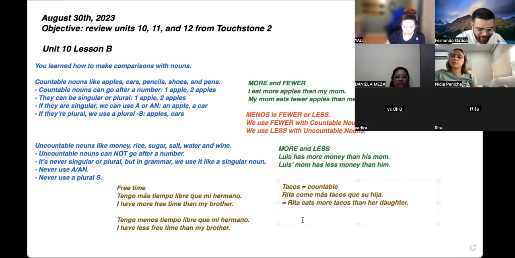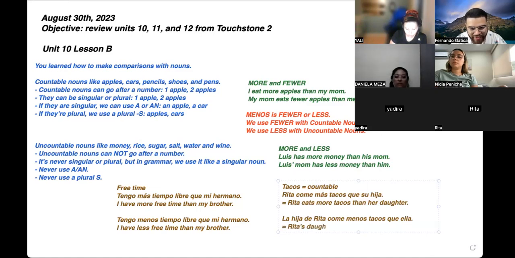Eloy, how do I say la hija de Rita come menos tacos que Rita? The daughter eats less tacos as well.